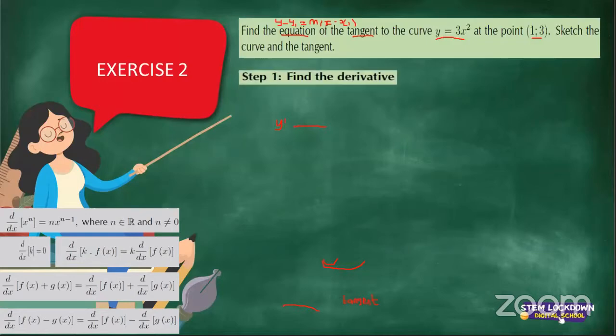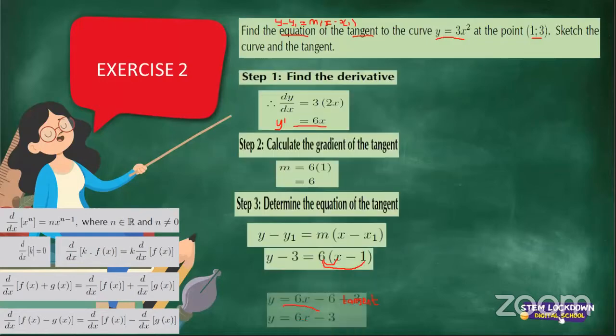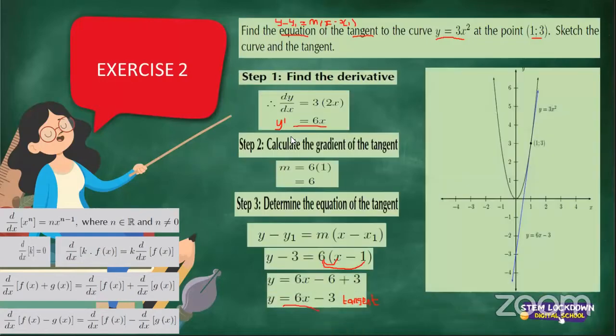So I hope you understand why we're using the value of x instead of the value of y. But then if you substitute the value of 1 into your function, that's what I was saying. If you substitute 1 into the function, you get the corresponding value of y.